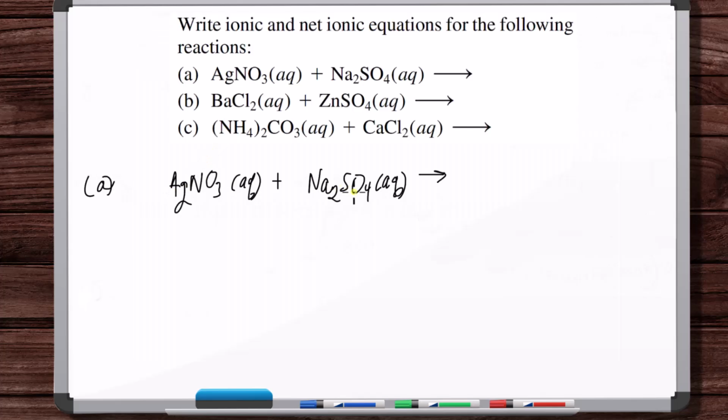So silver sulfate is insoluble in aqueous solution and is going to precipitate out of the solution. So you have Ag plus and SO4 2 minus. So that's Ag2SO4, but not aqueous. This is solid. Now what about when the sodium and the nitrate interact?